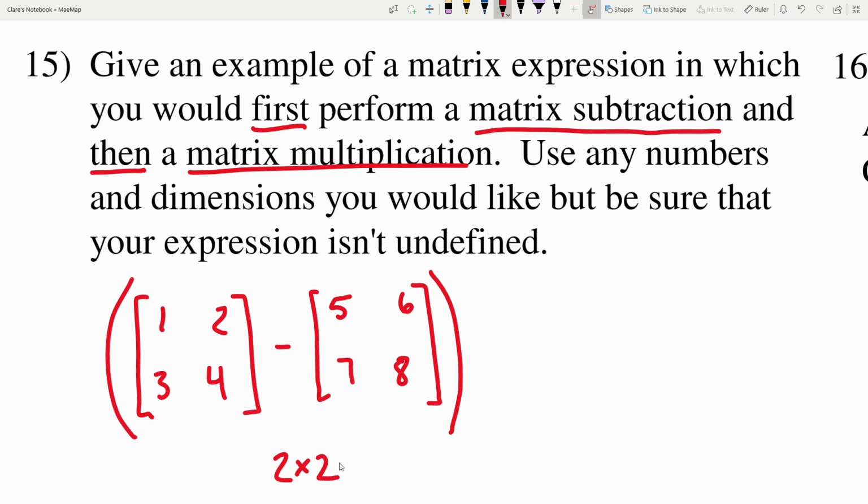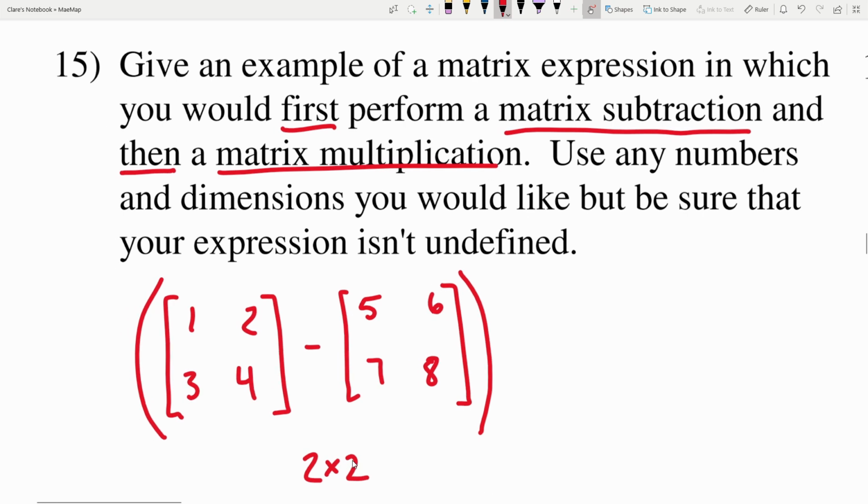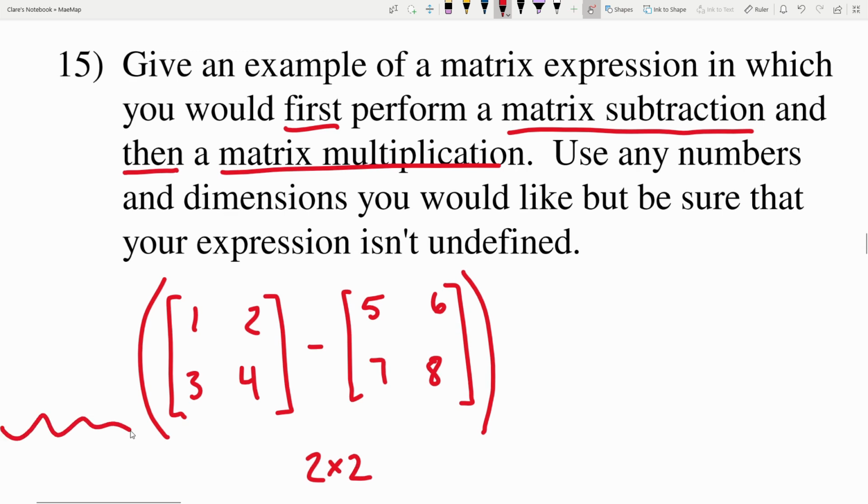Well, it depends what side I want to multiply by, because left multiplication is different than right multiplication. Multiplication is usually commutative except when it comes to matrices. So if I tried to multiply this expression by a 3 by 2, I can't multiply the 3 by 2 on this side because 2 does not match 3.